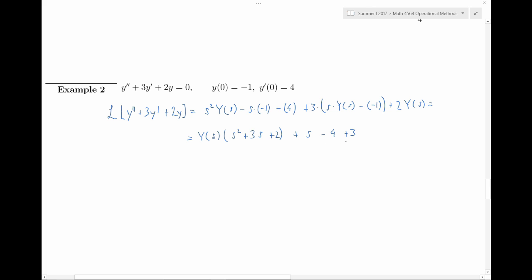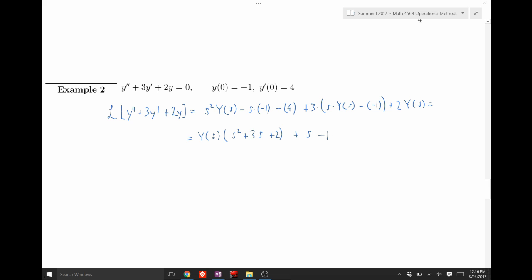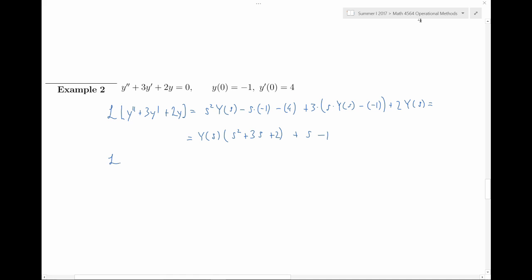So it ends up being simply minus 1. On the other side we have the Laplace transform of 0, which is just 0. Therefore the equation that we have reads the following: Y of s times s squared plus 3s plus 2 plus s minus 1 equals 0.